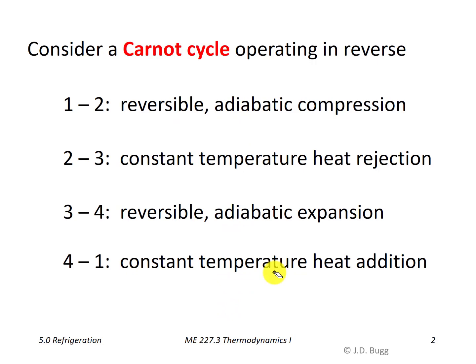So the first is a reversible adiabatic compression, followed by a constant temperature heat rejection, then reversible adiabatic expansion, and finally constant temperature heat addition. Now remember, because this is a Carnot cycle, all of these processes are reversible.